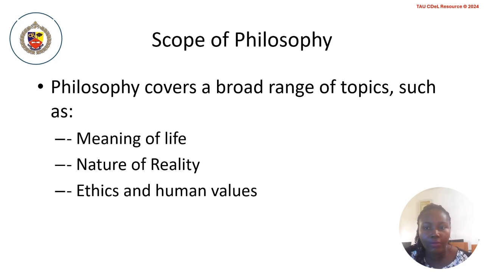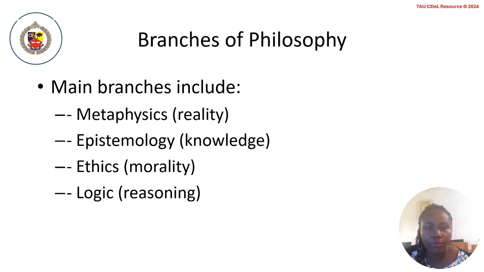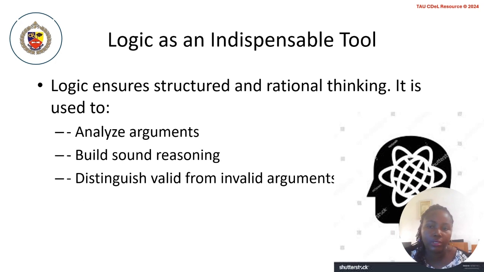The main branches, yes, because there are other branches, include metaphysics, when we talk about reality; epistemology, talking of knowledge; ethics, referring to morality; and of course, logic, which is reasoning.